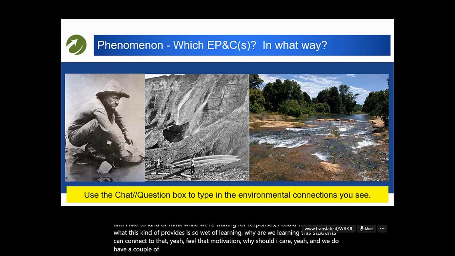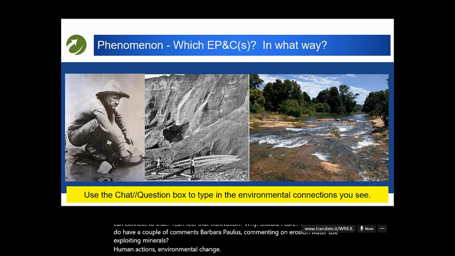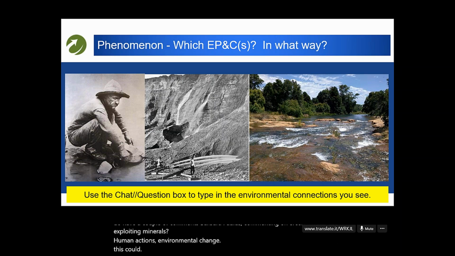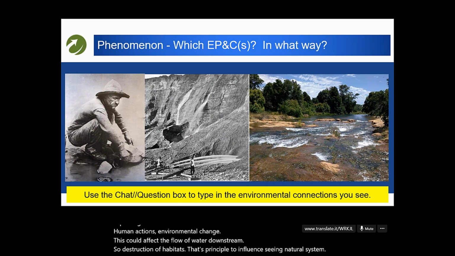Paul is commenting on erosion, water use, exploiting minerals, human actions, environmental change. This could affect the flow of water downstream. Some destruction of habitats. That's principle 2, influencing natural systems. Greed.